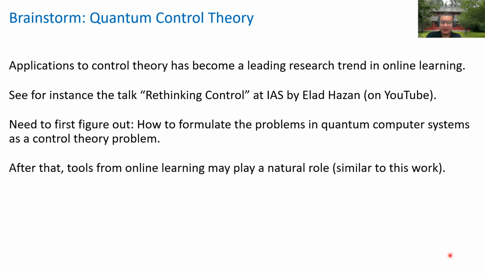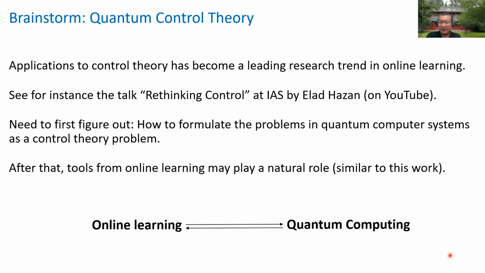After that, tools from online learning can very naturally play a good role, similar to this work. And, perhaps for my own interest, from a theoretical understanding, it's also quite possible that we can theoretically give some quantum speedup of some control theory problems. I really look forward to that.